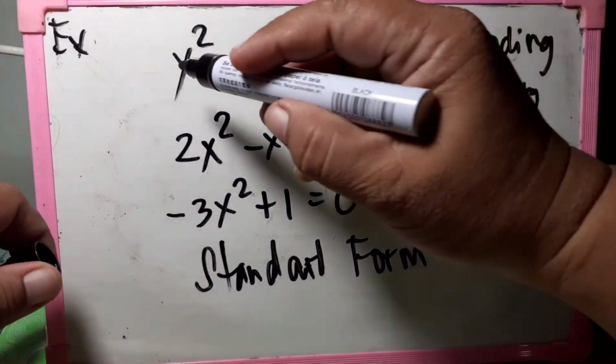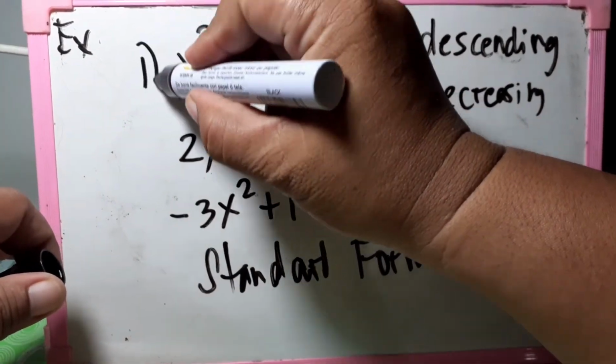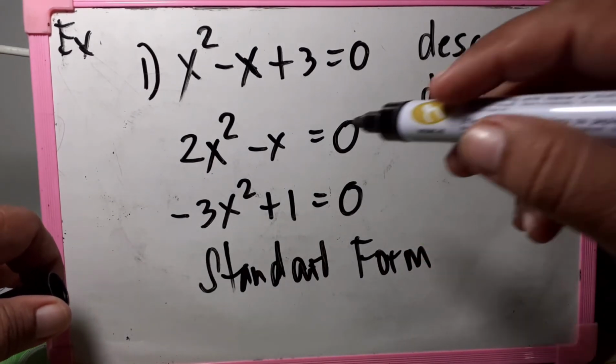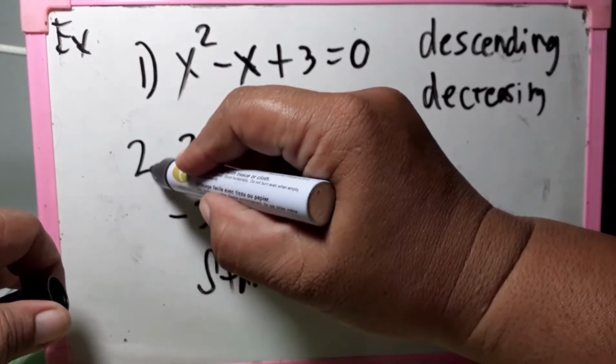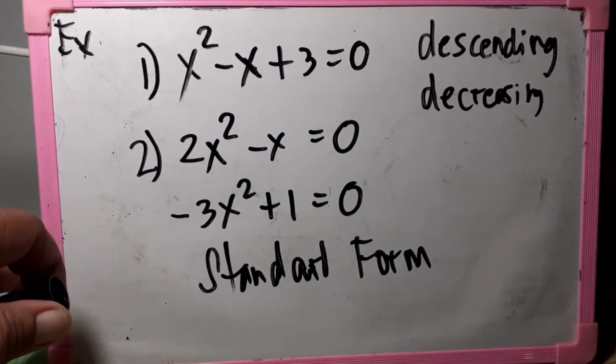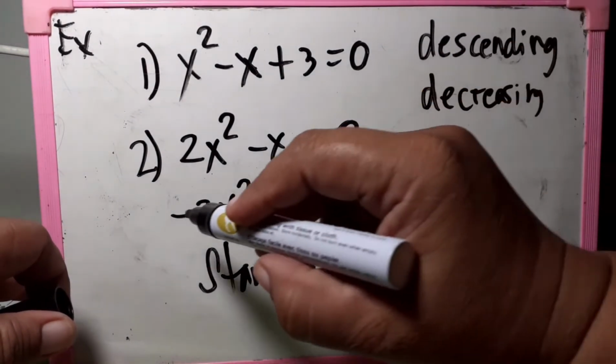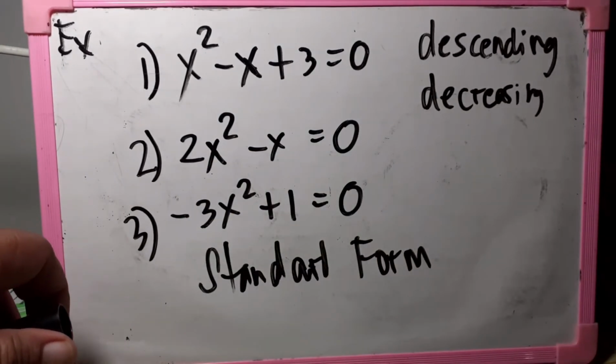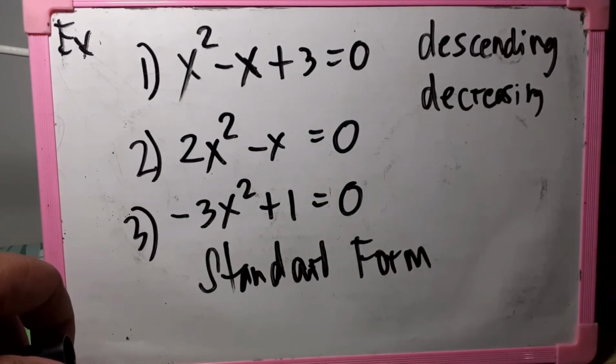Number one, we have x squared minus x plus 3 equals 0. Number two, we have 2x squared minus x equals 0. And number three is negative 3x squared plus 1 equals 0.